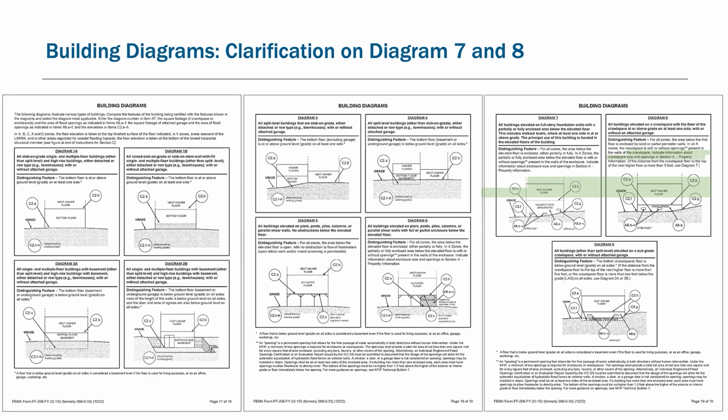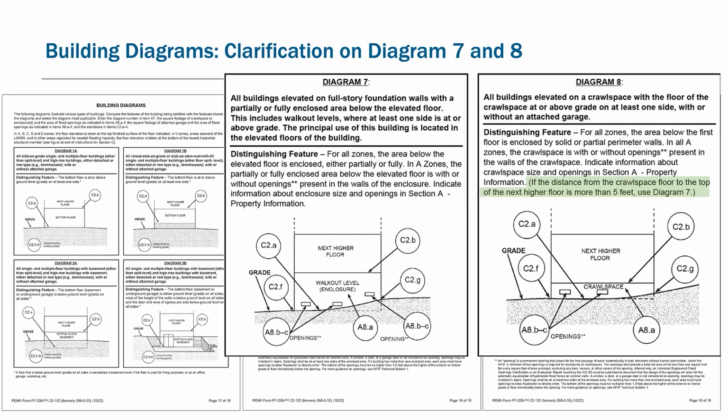As I said earlier, there are no major changes to the 11 building diagrams, but there is a clarification in the instructions regarding the differences between Diagram 7 and Diagram 8. Specifically, that when the crawl space height is more than 5 feet, generally that's 4 feet to the top of the foundation wall, assuming a 12-inch floor joist, resulting in a 5-foot difference between the bottom floor and the next higher floor, that's not a crawl space.